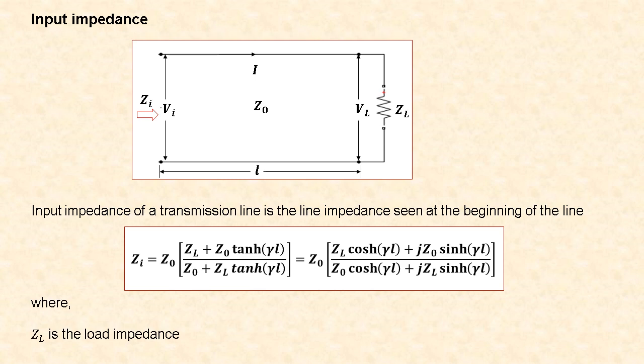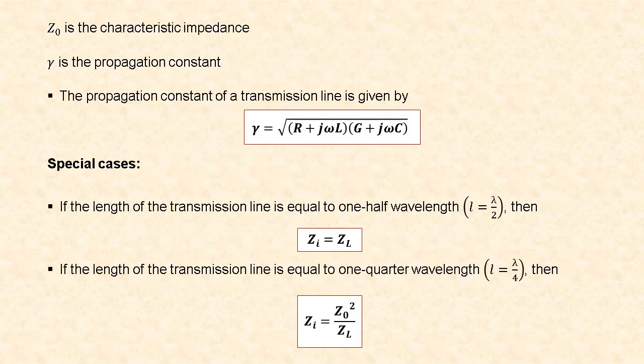Here ZL is the load impedance, Z0 is the characteristic impedance, γ is the propagation constant, L is the length of the line.